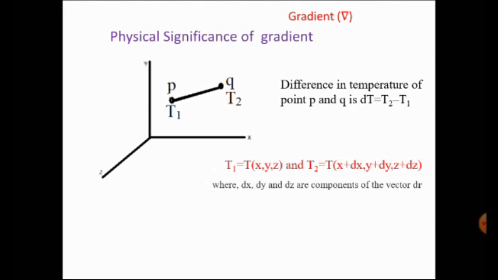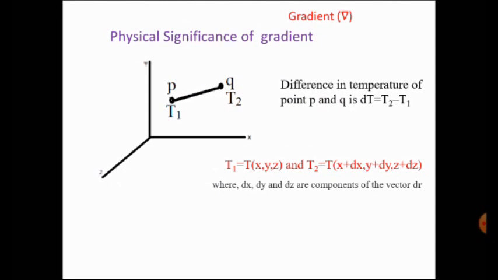Here we are interested in the rate of change of temperature T with the distance as we move away from the starting point. See the picture. Let T1 be the temperature of point P and T2 be the temperature of point Q. So the difference in temperature of points P and Q is dT, that is equal to T2 minus T1.